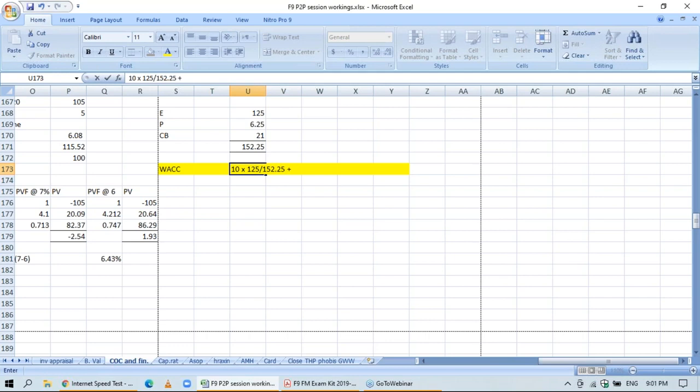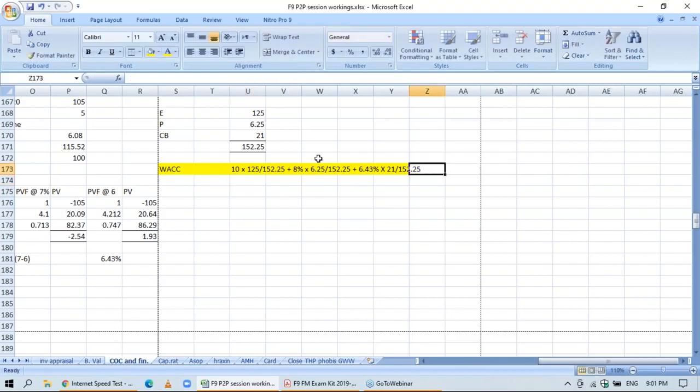then plus the cost of preference shares, which is 8%, multiplied by the market value of preference shares 6.25 million divided by the total 152.25, and then the cost of convertible bond, which was 6.43%, multiplied by the market value of the bonds 21 divided by the total market value of all the three instruments 152.25.